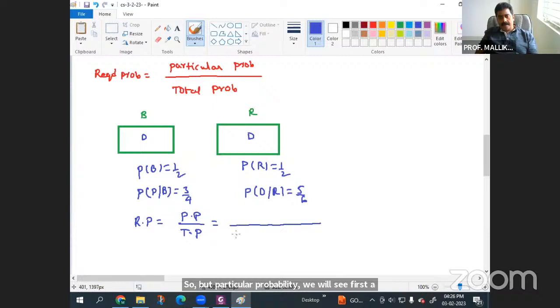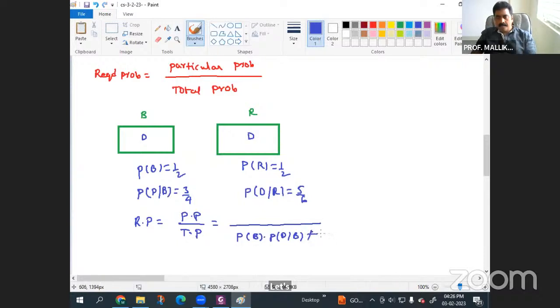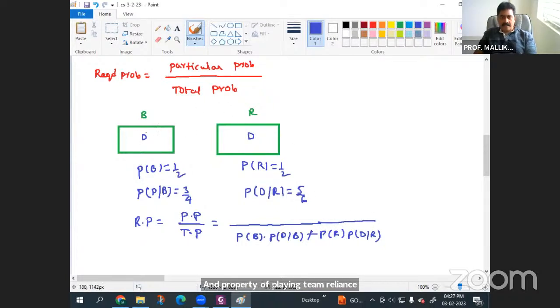So total probability, we know that first choose the Big Bazaar, then buy the dress, plus take the Reliance and probability of buying the dress from Reliance. The numerator, he said from Big Bazaar.